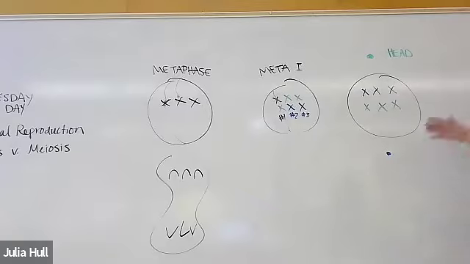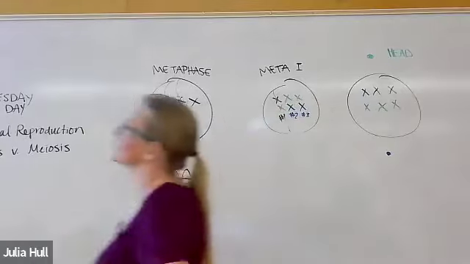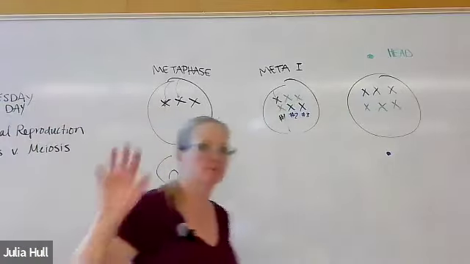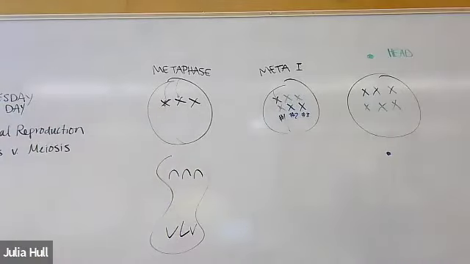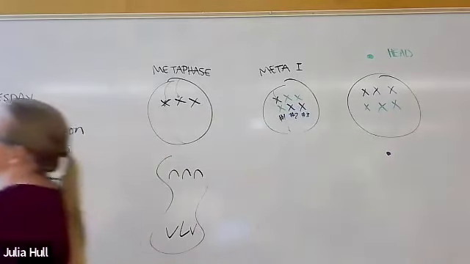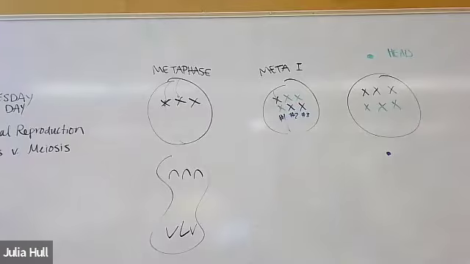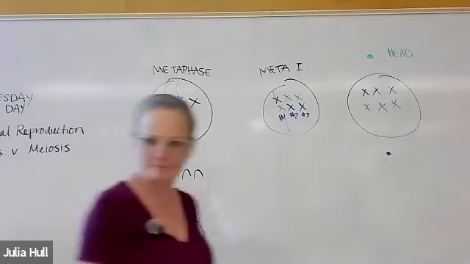We could do this some more and get lots of different variations, but I think you get the point. So that's our third and last source of genetic variation, independent assortment. It happens in metaphase 1.